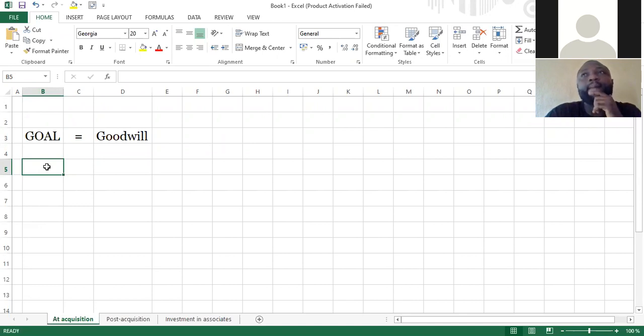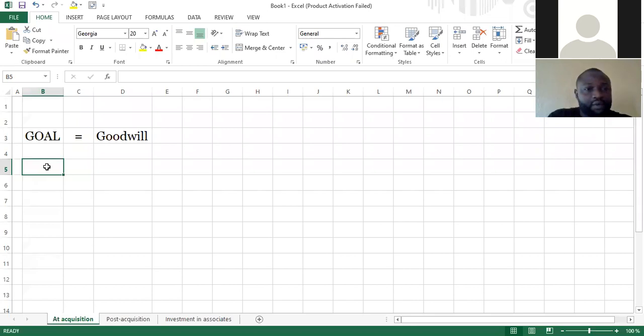Then when you add up, you get purchase consideration. Then you less the net assets of the subsidiary. You take it away from the purchase consideration. So that's how you calculate it. Yeah, makes sense. Thank you very much.